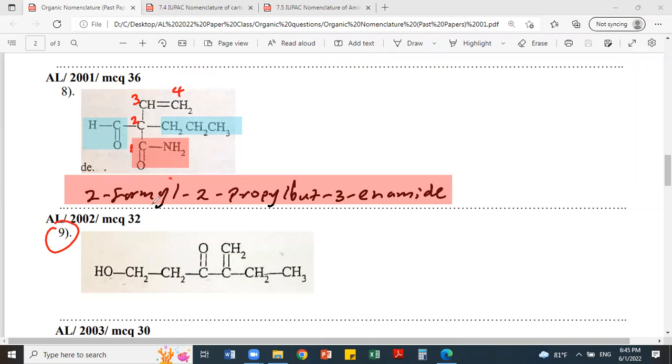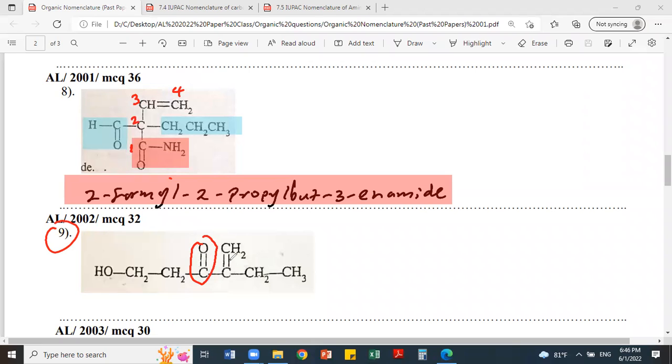For a ketone you have to mention to which carbon, because a ketone can be anywhere in the chain. This CO can be anywhere. So therefore, not like carboxylic acid or amide group, because they are always at the beginning of the chain. But this one can be anywhere in the chain. Therefore, you have to mention on which carbon this carbonyl group is there, whether it's 3 or 4, like that.